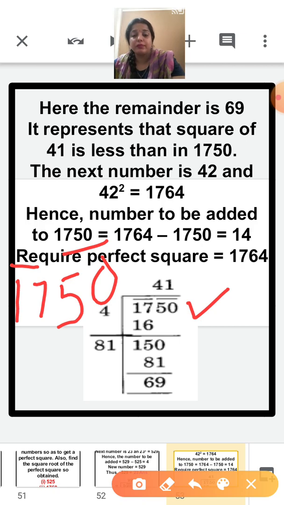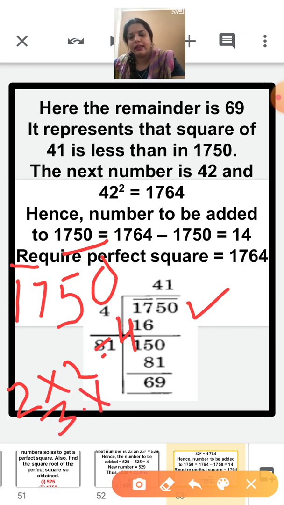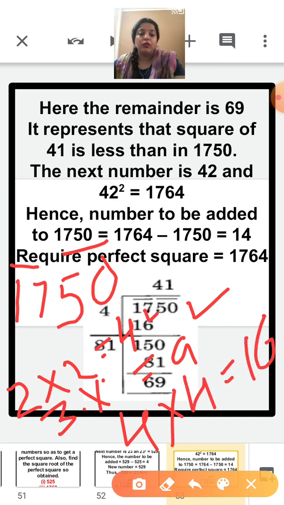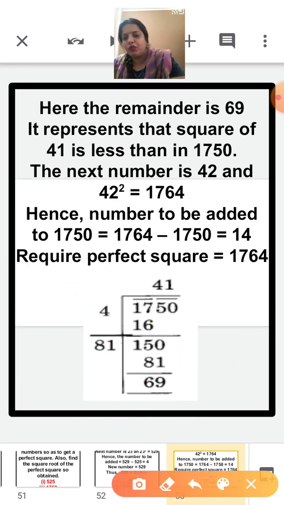Let's find: 2 into 2 is 4, 3 into 3 is 9, and 4 into 4 is 16. We have 17 here, so 4 into 4 is more suitable. 4 multiplied by 4 gives you 16. 17 minus 16 is 1, and this 50 comes down together.